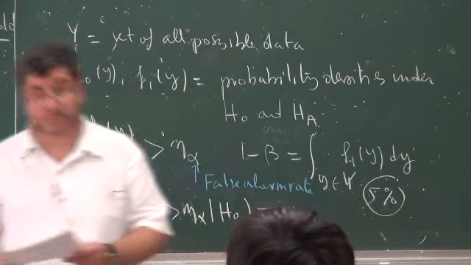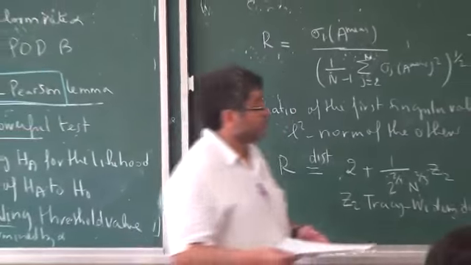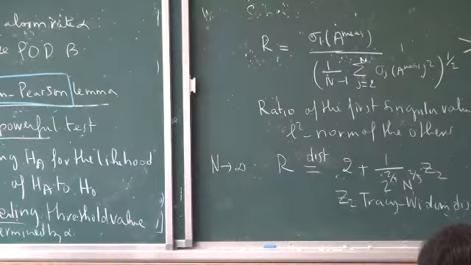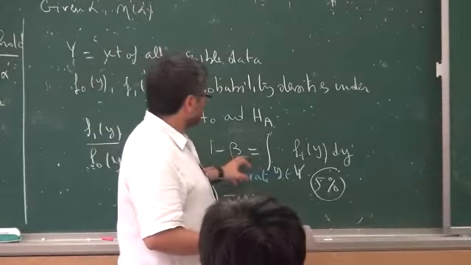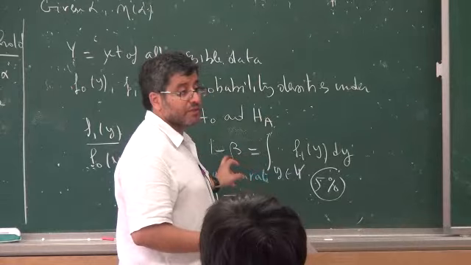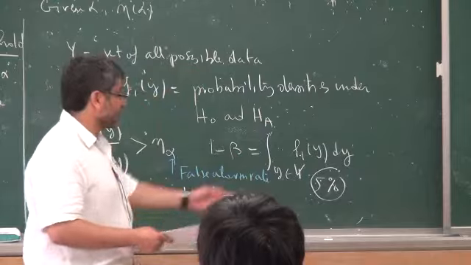Okay, this is a statistical test. This is beta, yes, beta. This is alpha, so beta plus alpha equals 1. Just 5%.